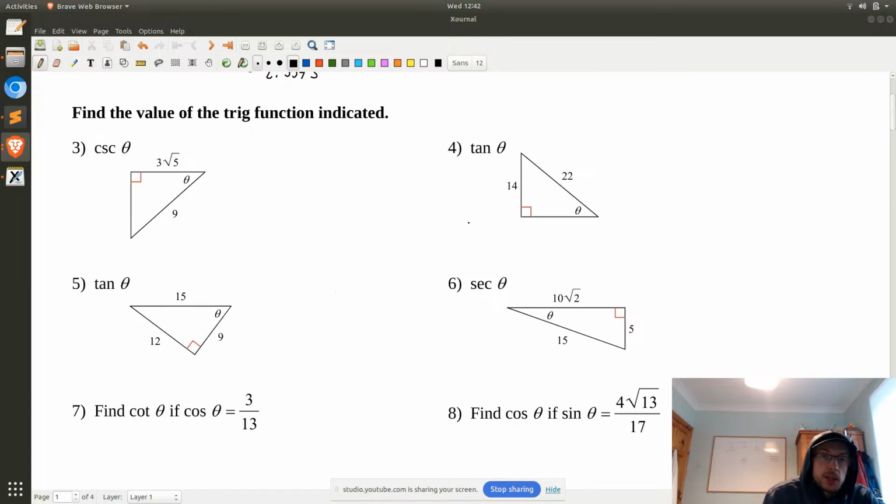Find the value of the trig function indicated. So find the cosecant of theta in the case of this triangle. Well, the cosecant is 1 over sine, as stated. 1 over sine of theta. And sine of theta is, from right triangle trigonometry, opposite divided by hypotenuse.